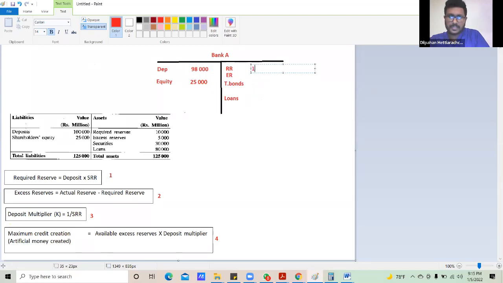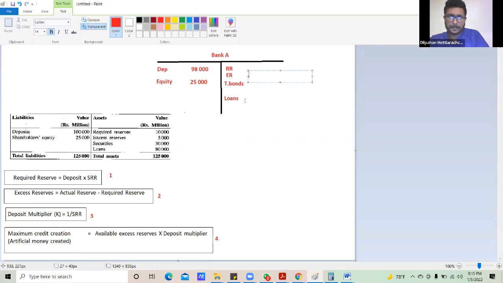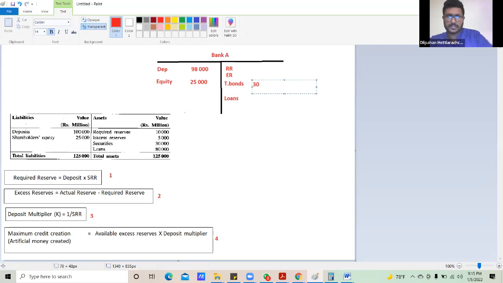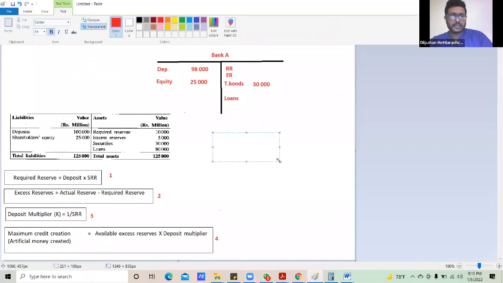Required reserves, how much? We'll do that calculation later. So altogether, they have reserves of 13,000. Treasury bonds, it's the same, and loans are also there, right? So we'll do the remaining calculations. First calculation: required reserves equals deposits into SRR.